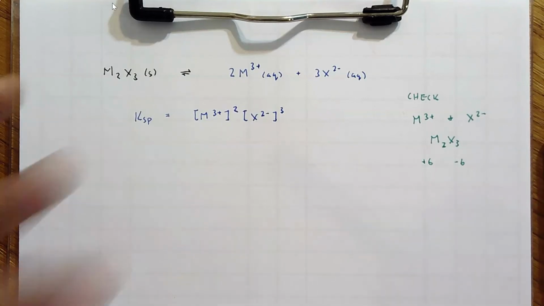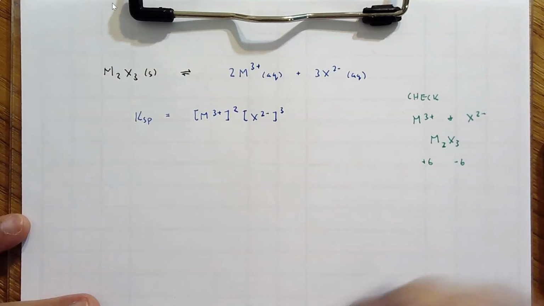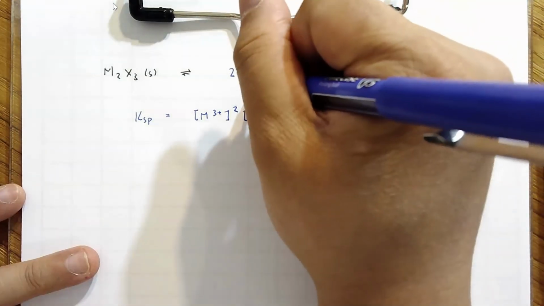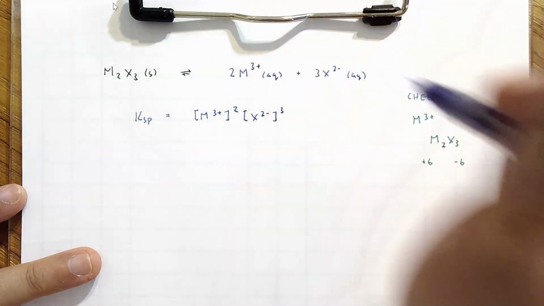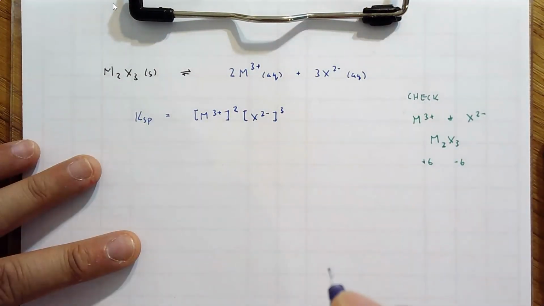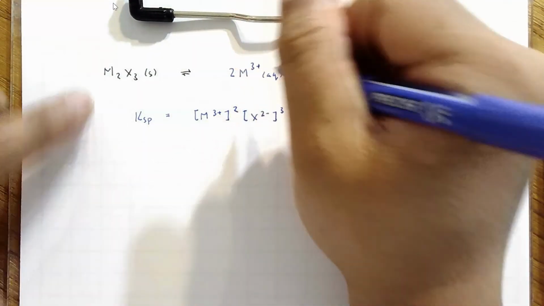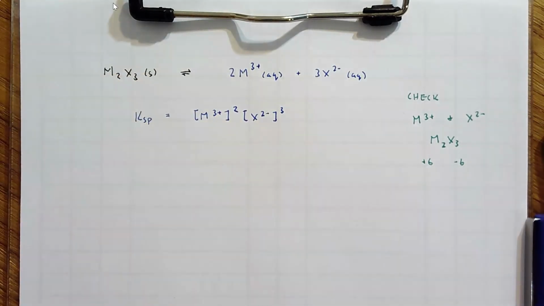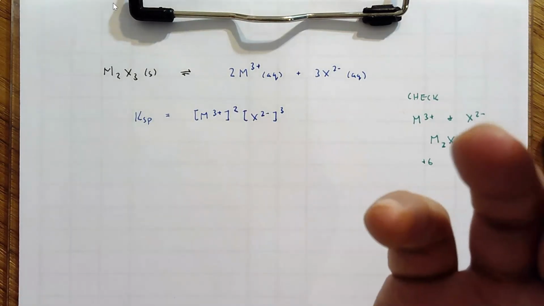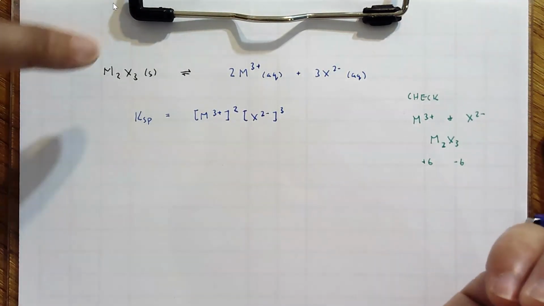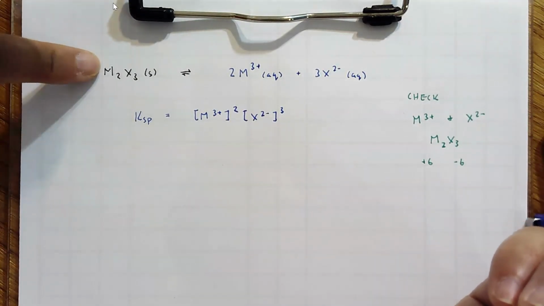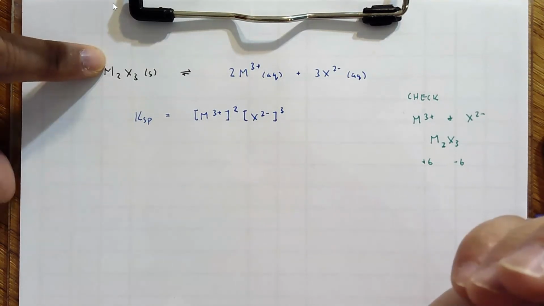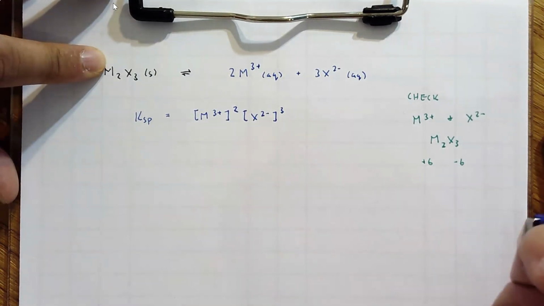Before we conclude this video, let me ask you something, and this is a little tricky because of the stoichiometry. If I have some amount of M2X3 and I throw it into water and let it dissolve, but I still have some solid left on the bottom of the beaker, well, that means I reached saturation.